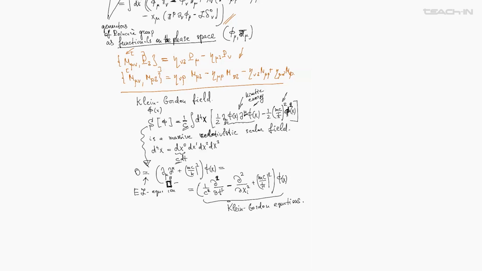What else should be said here? In fact, this combination mc over ħ, if you write it inverted, ħ divided by mc, has a dimension of length. Because ħ, the Planck constant, has a dimension of angular momentum, so momentum multiplied by length, and then you divide by mc, which has a dimension of momentum.